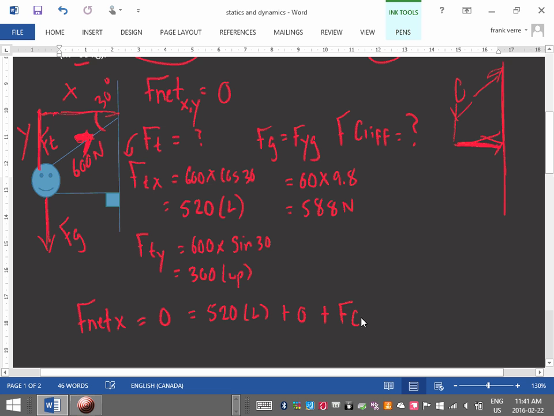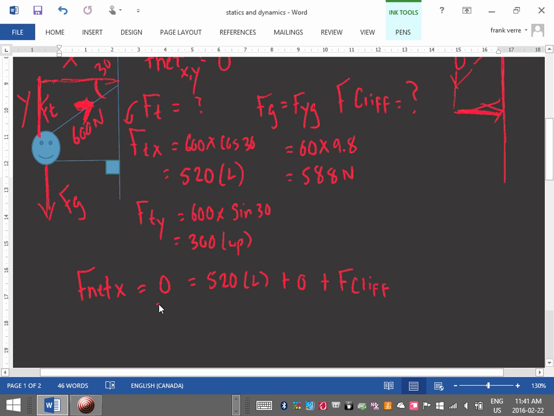Plus the force of the cliff, and that has to all add up to 0. So that means the force of the cliff, if we bring this to the other side, becomes negative 520. Now the negative 520 means it's 520 to the what? To the right, which makes sense. Okay, that makes sense. All right, so we've resolved the x. Now let's resolve the y.